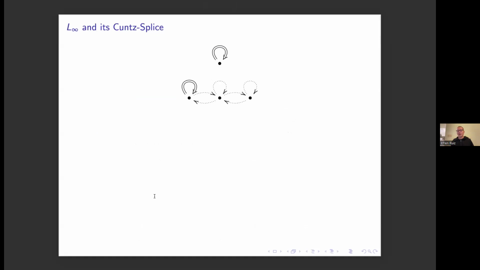Okay, and so I just sort of want to briefly go through an example, because this is really why we get Morita equivalence with O infinity in the Cuntz-Splice. The general idea of the proof is that it's just a bunch of moves that induce Morita equivalence.